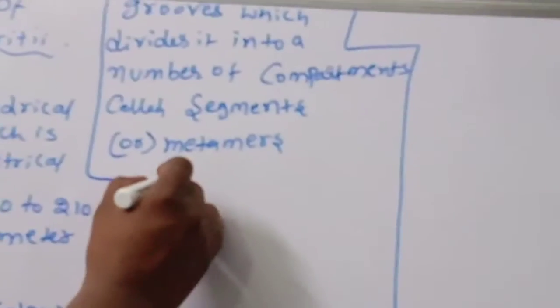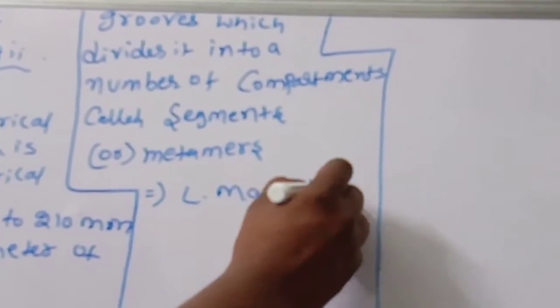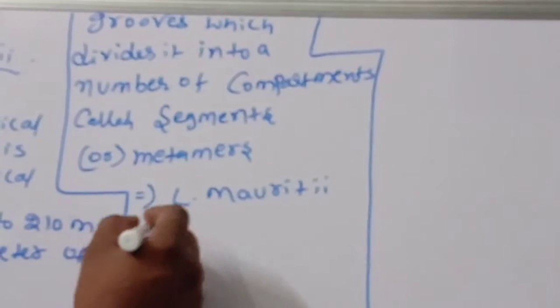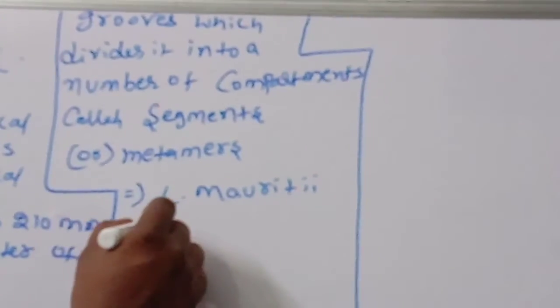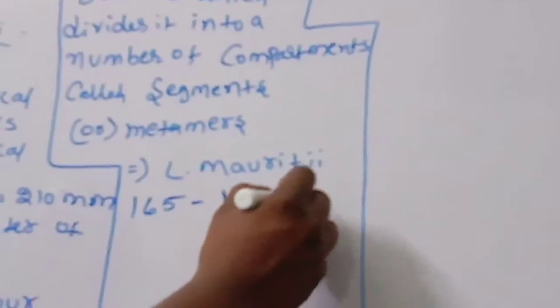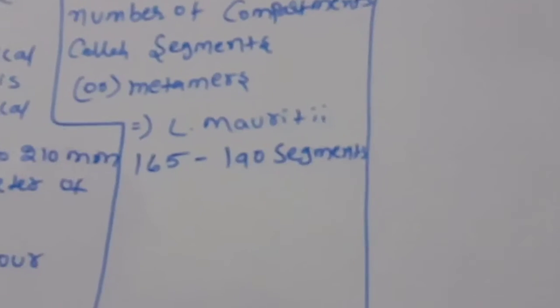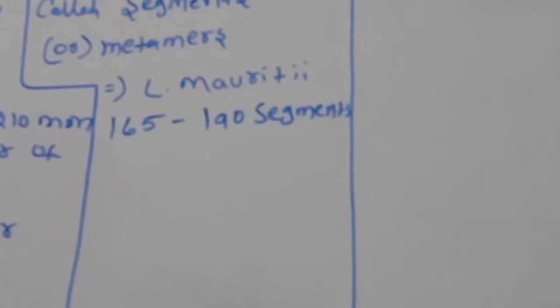Lampito mauritii consists of about 165 to 190 segments.